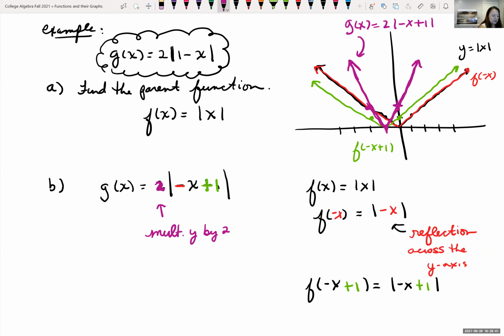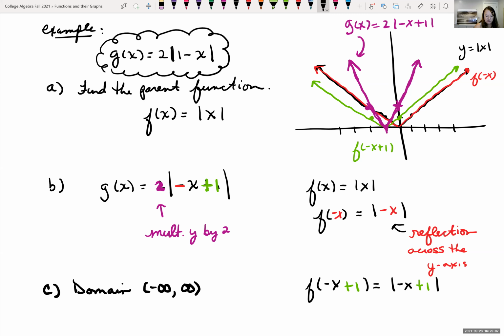And so if I look at the domain and the range, doing any of these transformations didn't affect my domain. My domain is all real numbers. My range, if I look at it, my range actually didn't change either.